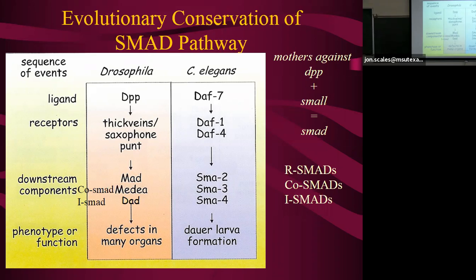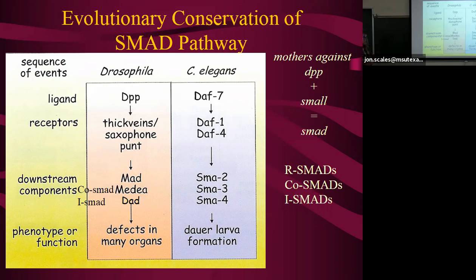Penta, 5, decapenta, 15. Plegic, not working. 15 malformations. Drosophila has 15 segments. Each segment's identity is messed up in mutations in DPP, and that's how it got its name. And we'll never say decapentaplegic again.